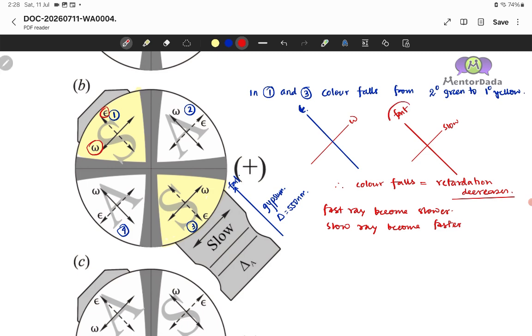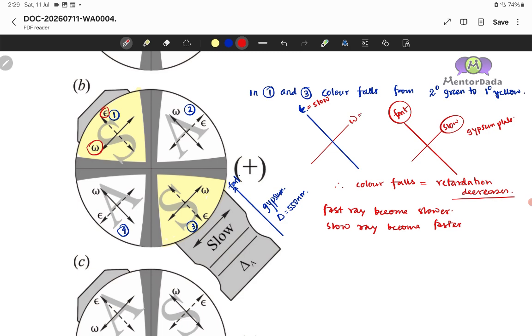Look, this is the fast ray. We know these fast ray and slow ray vibrations of the gypsum plate, right? But we don't know the omega and epsilon. So look, if the fast vibration direction falls on the slow vibration direction, then only the fast will become slow, right?